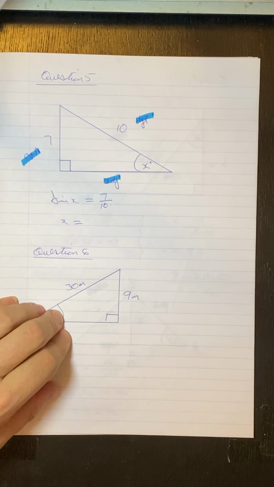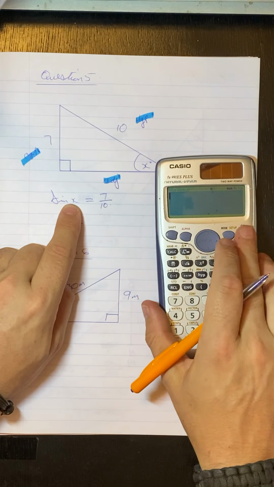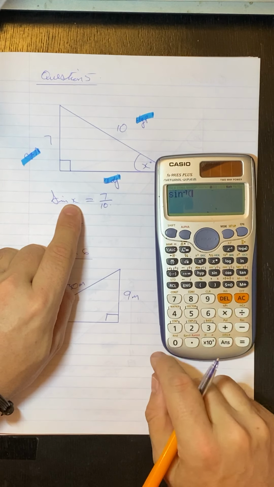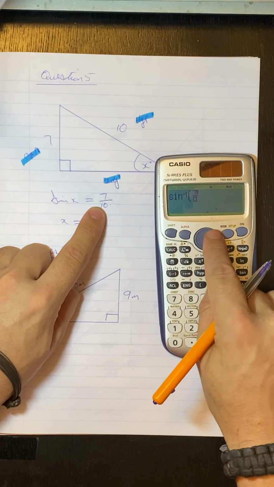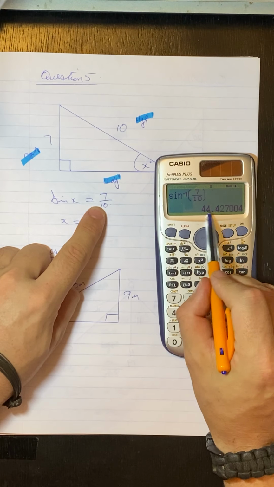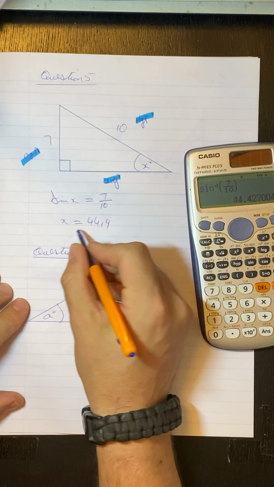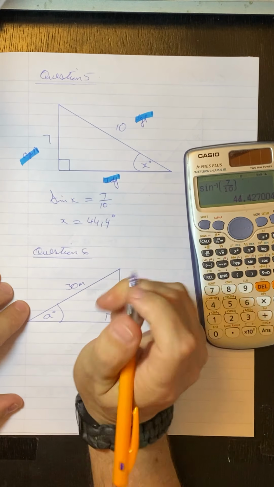On your calculator, because we're finding an angle, we have to go shift sine, so shift sine 7 over 10. Round that off to one decimal place, we get 44.4. And remember, we found an angle, so we must put degrees.